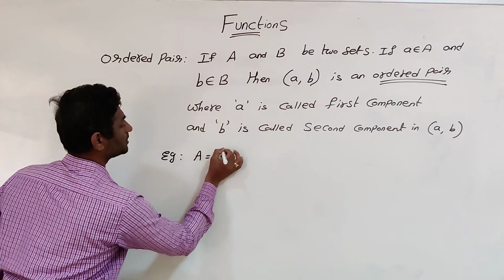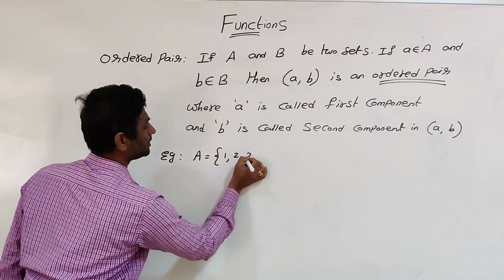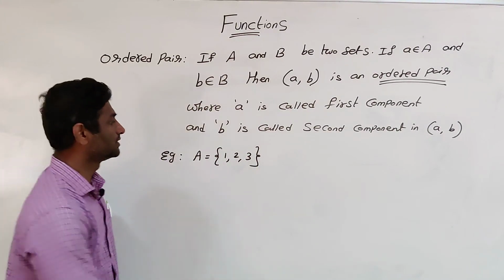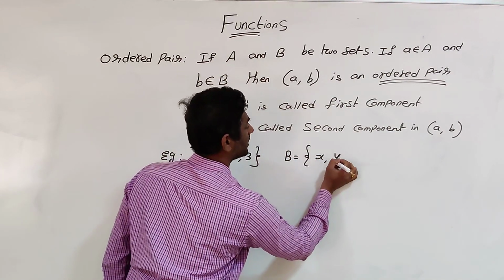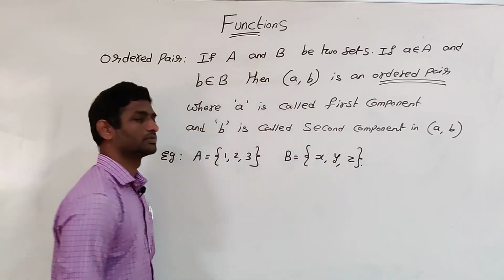One example: A is the set {1, 2, 3}, which has 3 elements, and B is another set {x, y, z}.